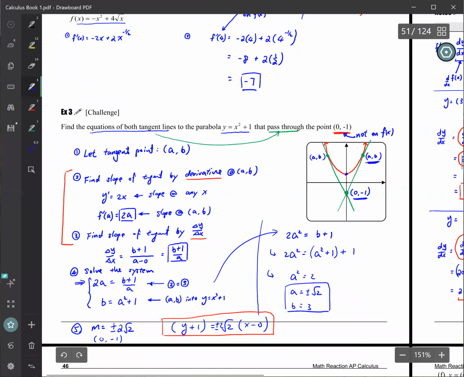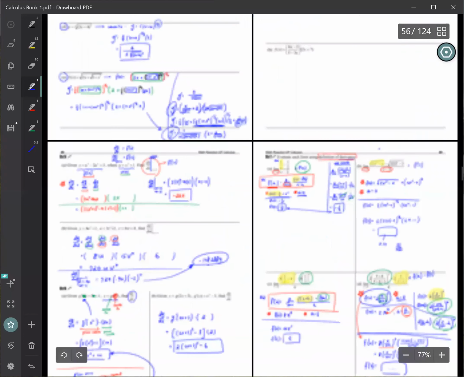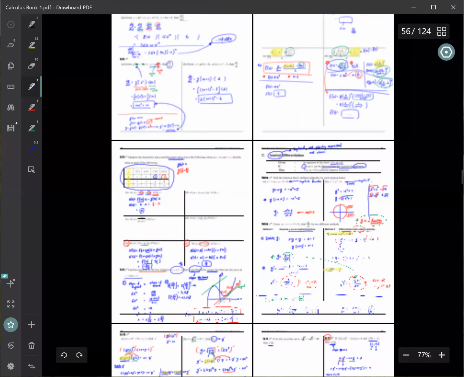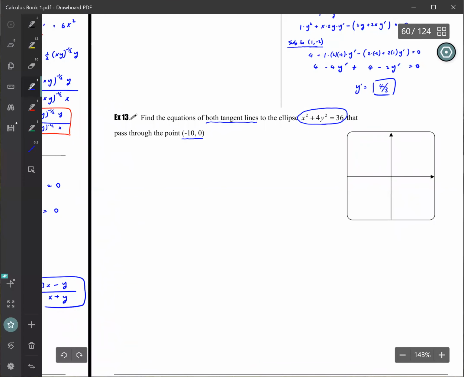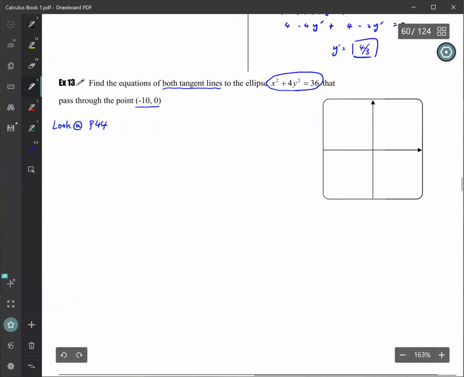So I'm going to leave that one for your homework because it's similar, okay? You said page 44, is it? Yeah. Okay, so you can write it down, look at page 44. But I'm going to draw the picture out first, so you get an idea what it looks like.